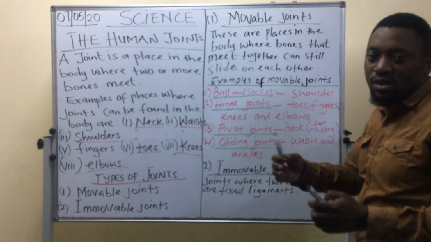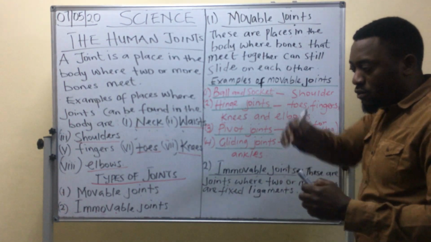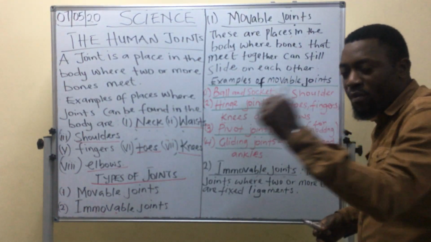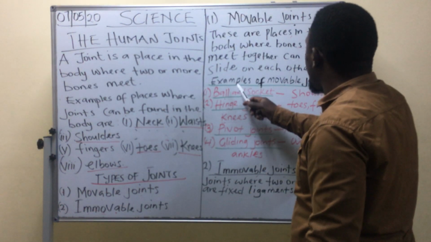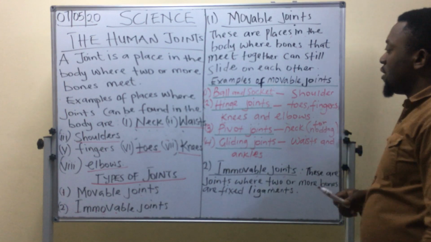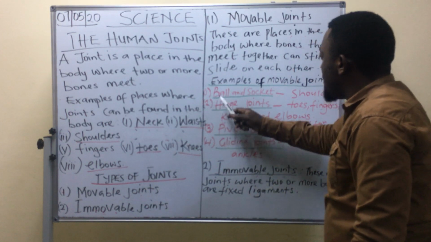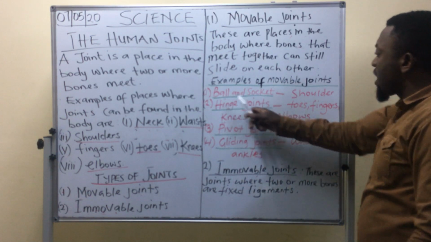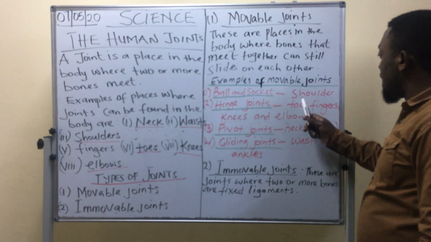That is where the movement comes from. Because if they join together, they can still slide on each other and make movement. Then I also mentioned examples of movable joints, where I said, number one, ball and socket joint. Where can you see a ball and socket joint in the body? That is the shoulder.